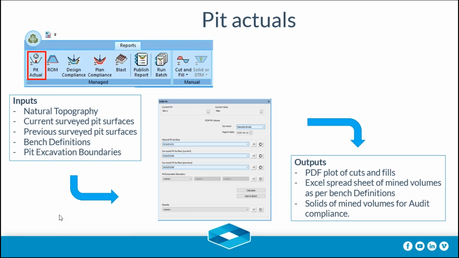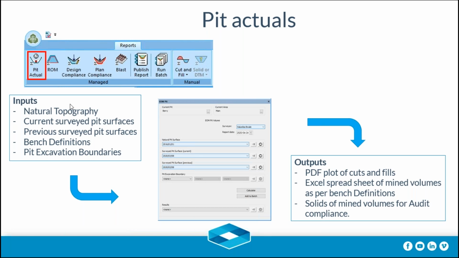So this entire process is semi-automated. The inputs that are required is the natural topography. Now, the natural topography is the surface of the ground before you actually do any mining. Or if you're taking over an old project, maybe say an abandoned pit, whatever that pit surface was, that is what you would definitely use as your natural topo.